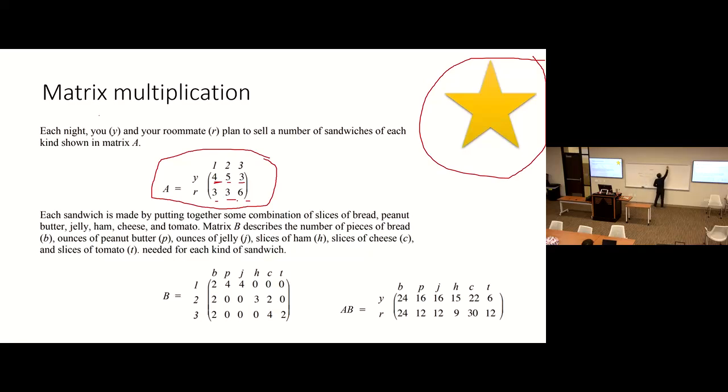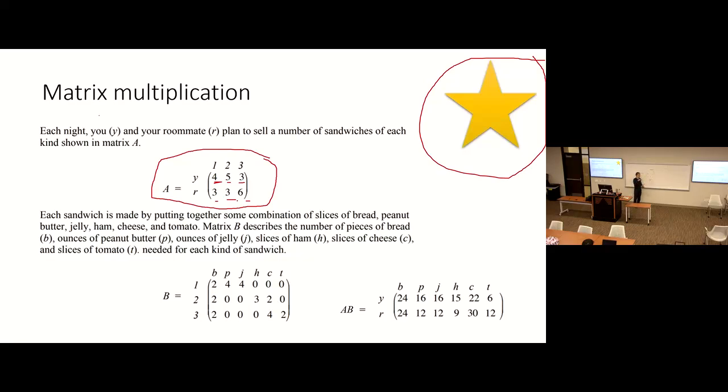This is your B matrix. Your A matrix has a dimension of 2 by 3, and your B matrix has dimension 3 by 6. So this 3 equals this 3.